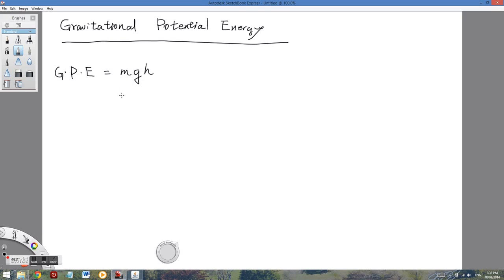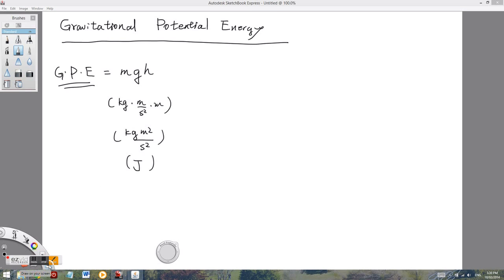So if we look at the unit, kilogram times meters per second square times meters, it's going to end up kilogram meter square per second square, which is 1 joule. So it's a measurement of energy.